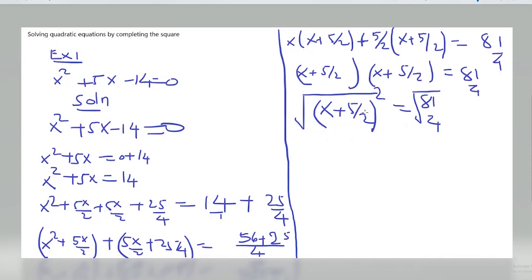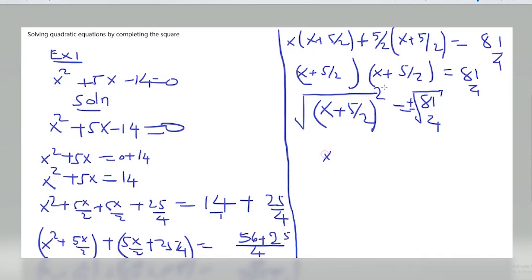When you take the square root of both sides, you should add plus or minus, because it might have two possible answers.